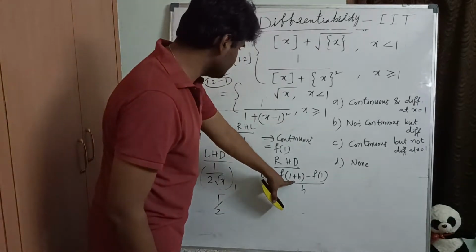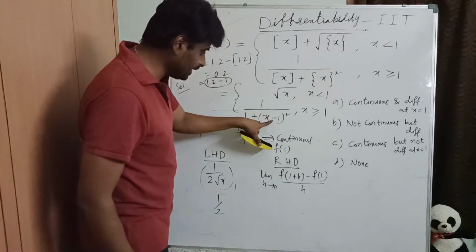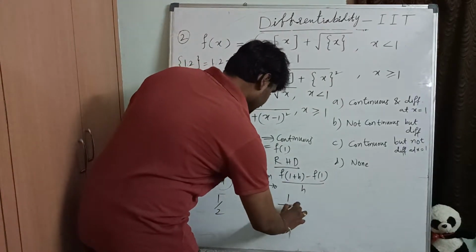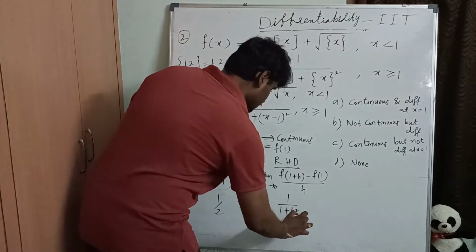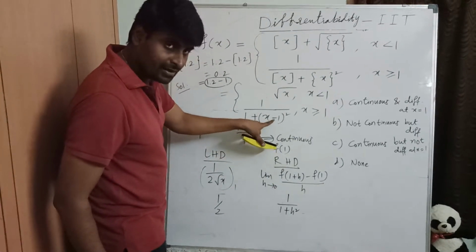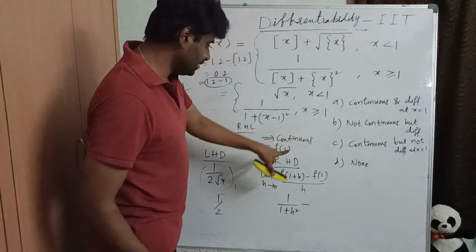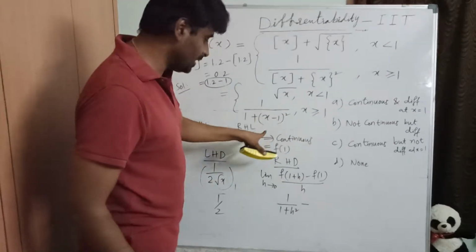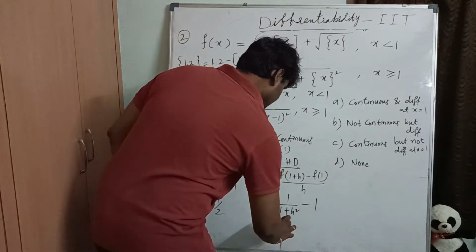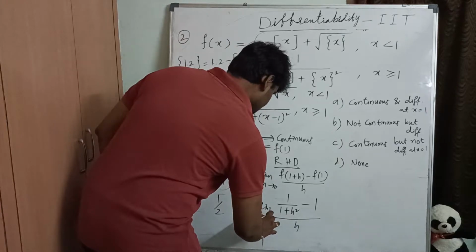f of 1 plus h, f of 1: substitute 1 plus h here, 1 plus h, 1 cancels, so 1 by 1 plus h square. Here if I substitute, 1 plus h minus 1 cancels, h square. Now minus f of 1; what is f of 1 directly? Substituting 1, so by h, limit h tends to 0.